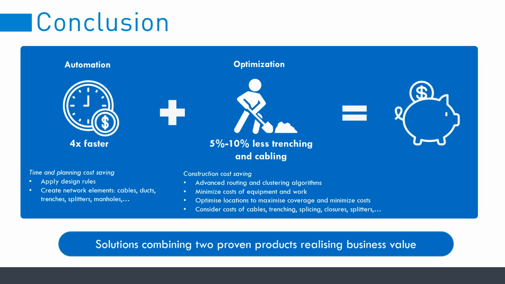So yeah, the FiberPlanIT solution really has integrated advanced routing and clustering algorithms, trying to minimize the cost of equipment and work. So that's why that unit cost information, which is loaded together with the rules and material, is so important.